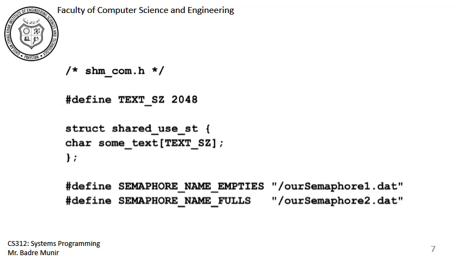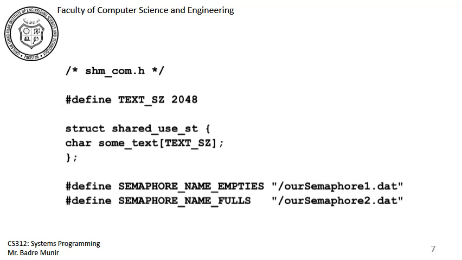Right, so we have the common header file shown over here, where we have a structure defined. This structure is going to be the layout of contents of our shared memory. You would notice that it contains one character array, which is our data, and it does not contain any flag this time, because when we use semaphores we don't need any flags for synchronization.